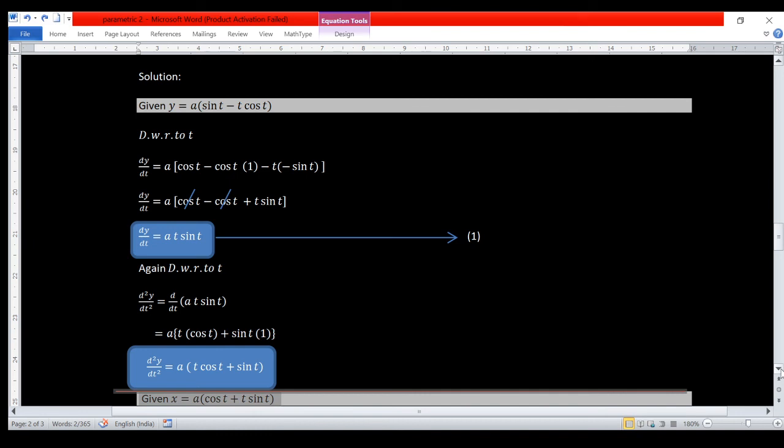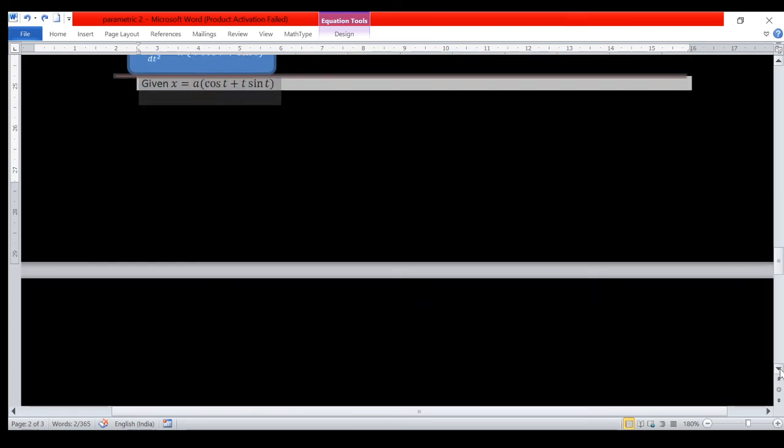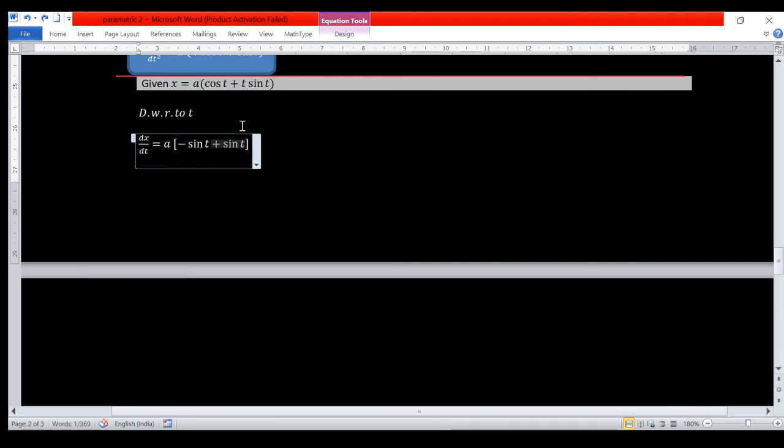So a similar method we are going to use to find d²x/dt². x is equal to a times (cos t + t sin t). So differentiate with respect to t. dx/dt is equal to a times the differentiation of this. Cos t differentiates to minus sin t, plus keep t, sin t, differentiate t to get 1, keep t, differentiate sin t to get cos t.